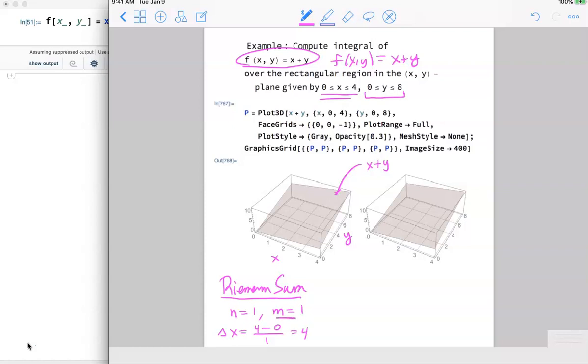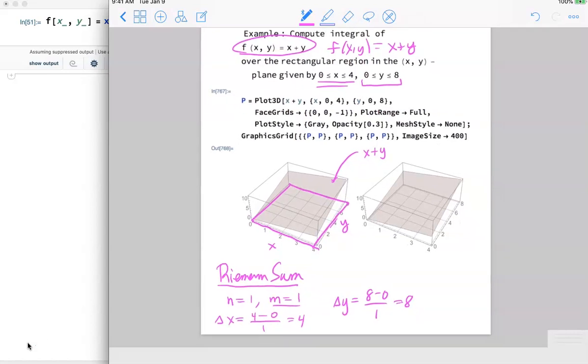And then the m value is how many times you want to split 0 to 8 up into pieces, and that will give you delta y, which is 8 minus 0 over 1, which is equal to 8. So basically what we've done is we've split this rectangle up into only one piece, right?